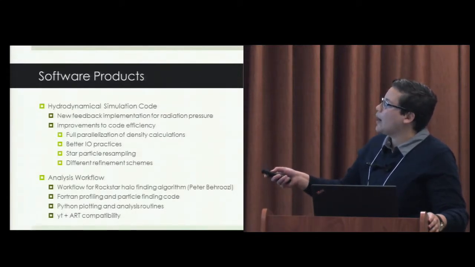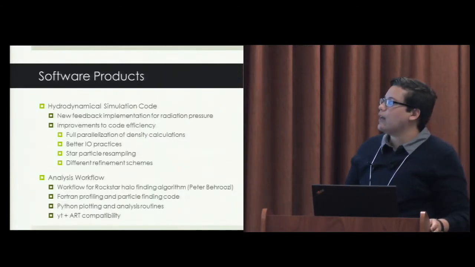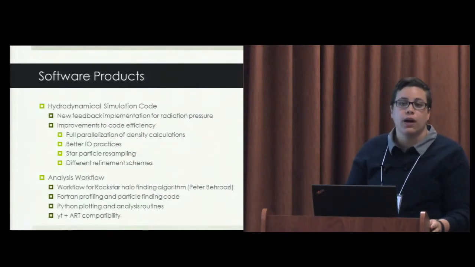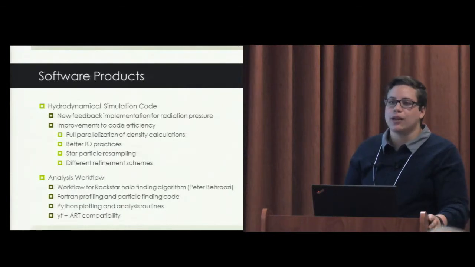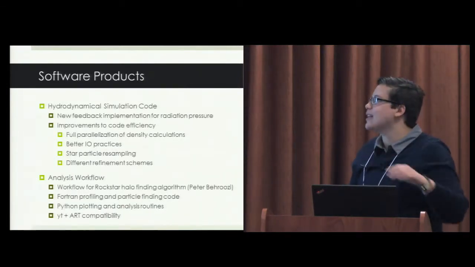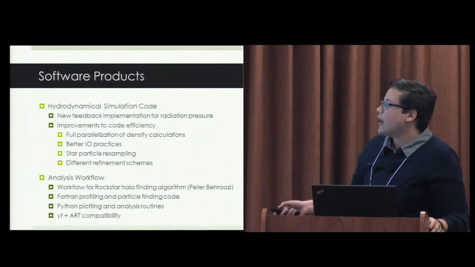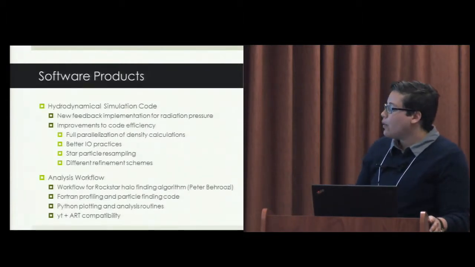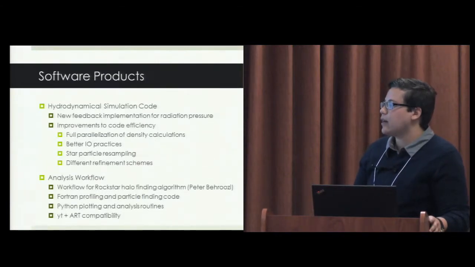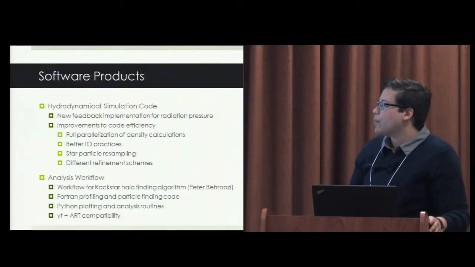And I introduced a new feedback implementation for radiation pressure that ensures that even at very high resolution or very small time scales, we're not overproducing the amount of pressure, overpressurizing these zones where there is star formation. And in terms of analysis workflow, I created a pipeline to have our data analyzed by the Rockstar halo finding algorithm in order to find the centers of all our dwarf galaxies, which can be difficult to track through time.